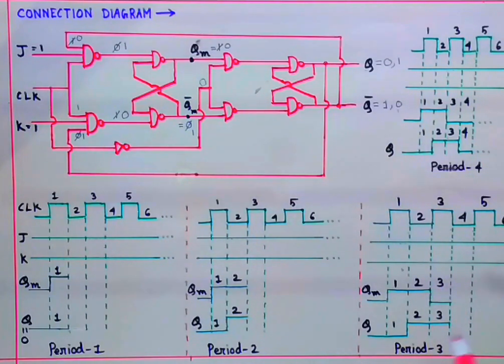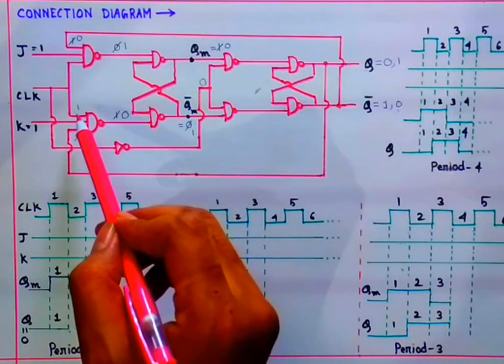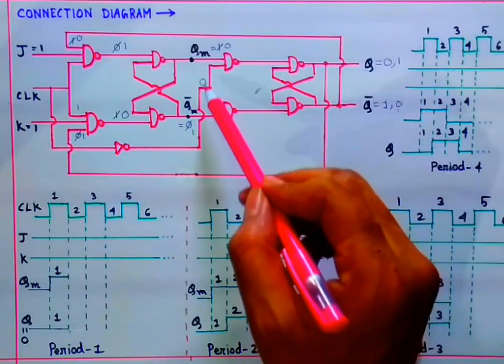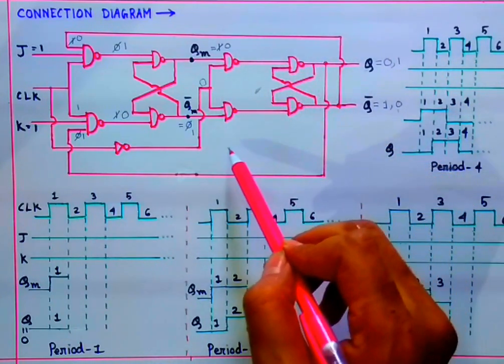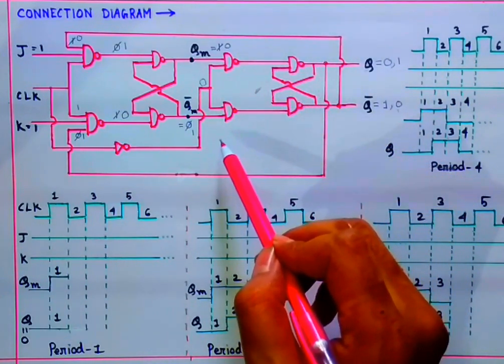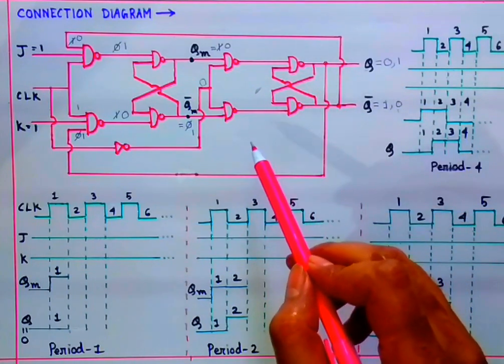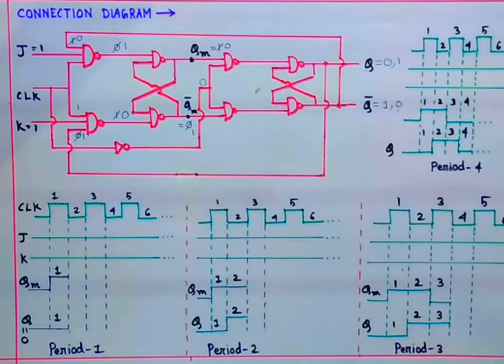Now what will happen to the output Q? So during period 3 the clock signal is high. That means this master flip-flop is operational, but this slave flip-flop is operating in memory stage. That means during period 3 the slave flip-flop holds its previous data.